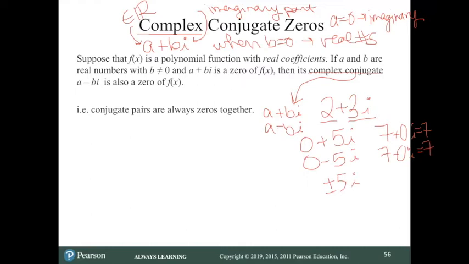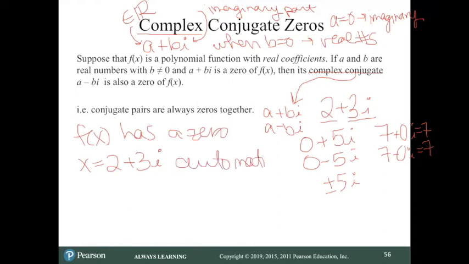Okay, and when we're talking about zeros of a polynomial, if you found one of them to be imaginary or complex, then you automatically know a second 0, which is that complex number's conjugate. So if f of x has a 0, x equals 2 plus 3i, then automatically x equals 2 minus 3i is also a 0.